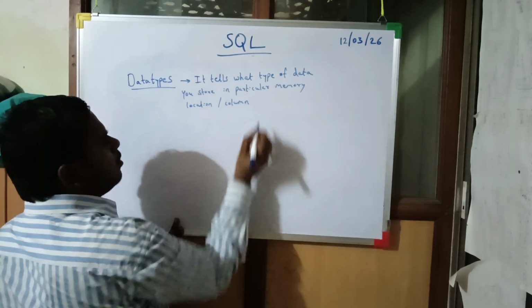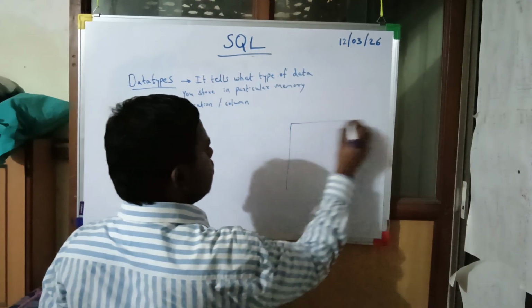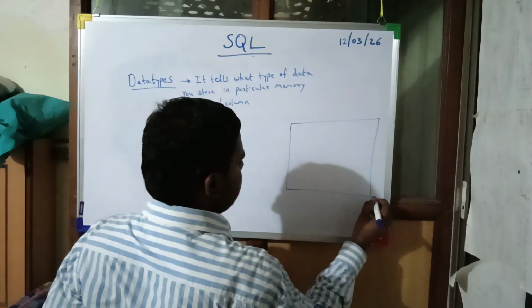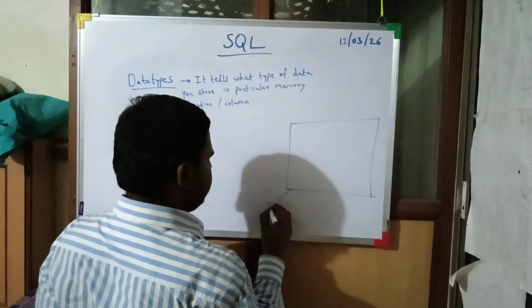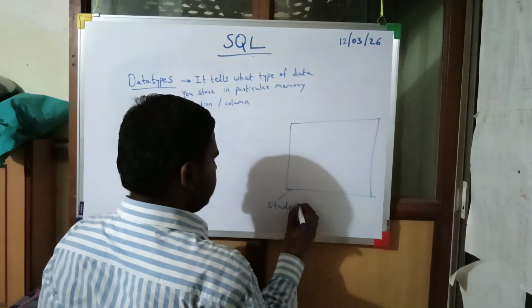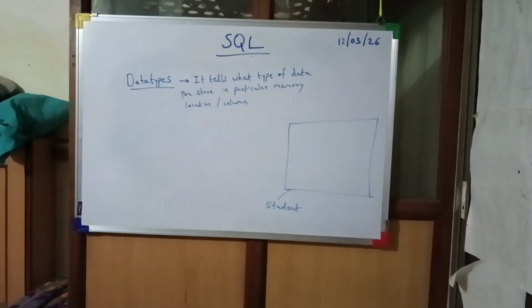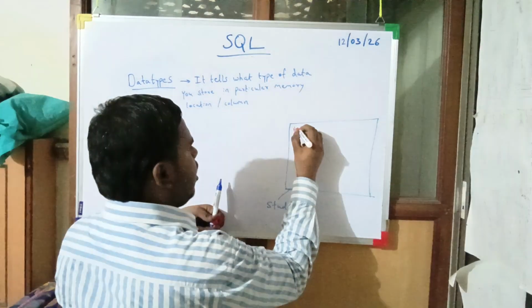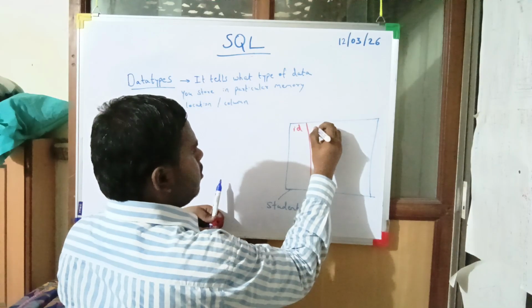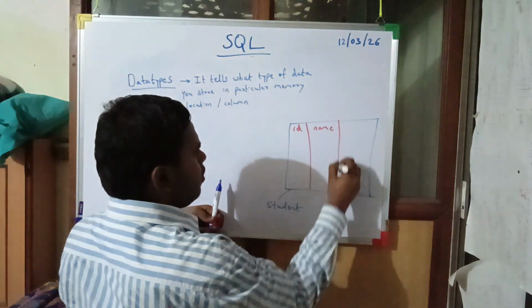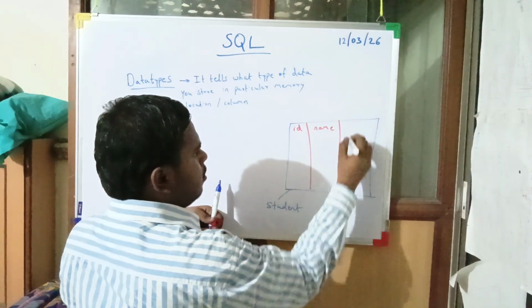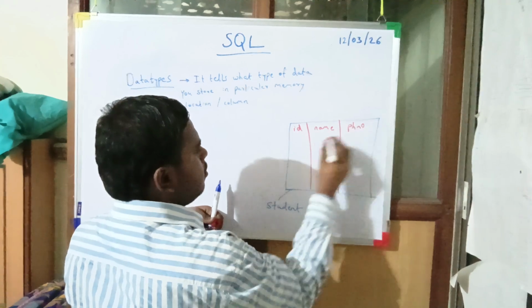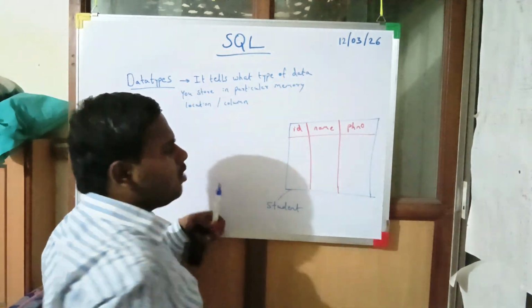Suppose in a table, let's say a student table is there. In the student table, we have column names like ID, name, phone number. These columns are there.